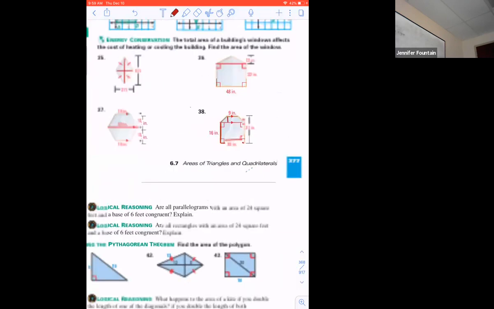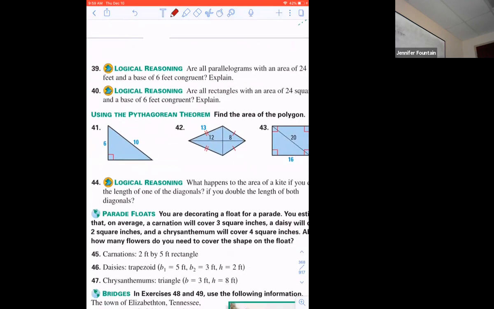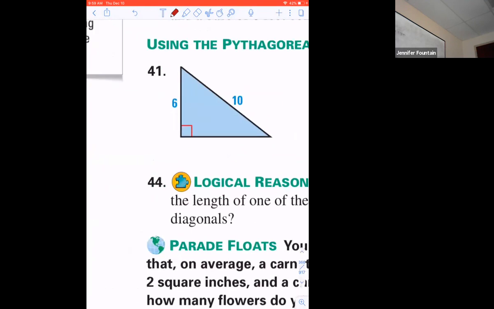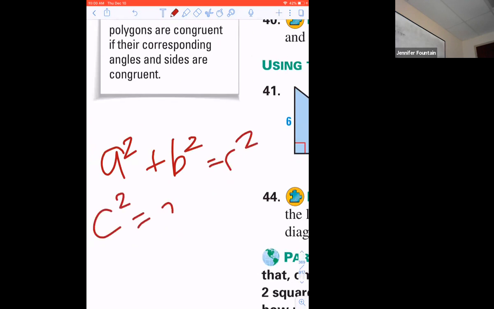And now let's look at 41, 42, and 43. Pythagorean theorem. What is Pythagorean theorem? A squared plus B squared equals C squared, or if you wanted to reverse it, C squared equals A squared plus B squared.